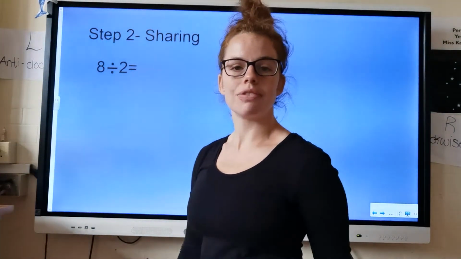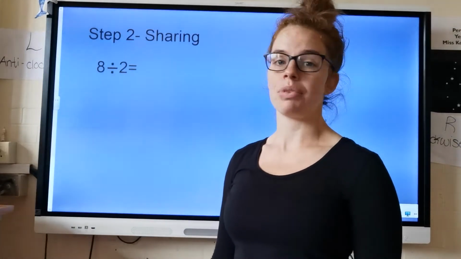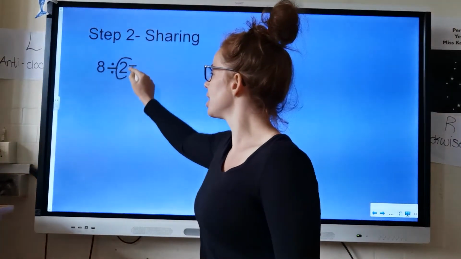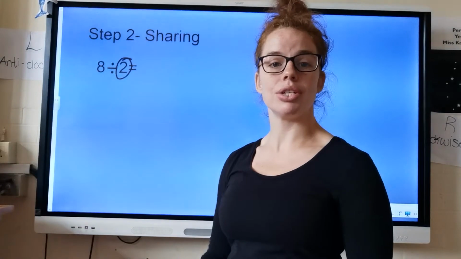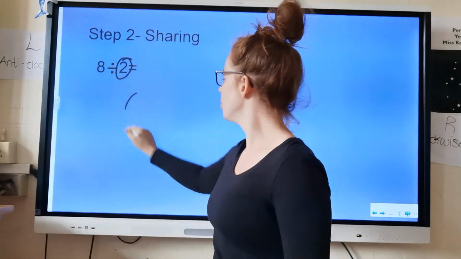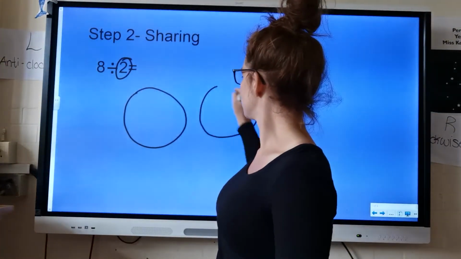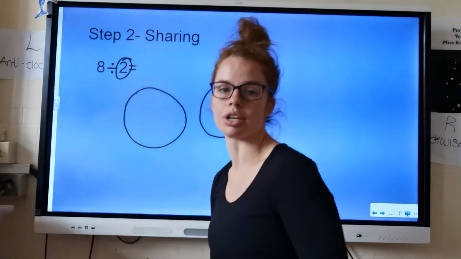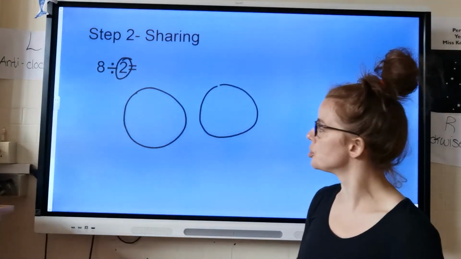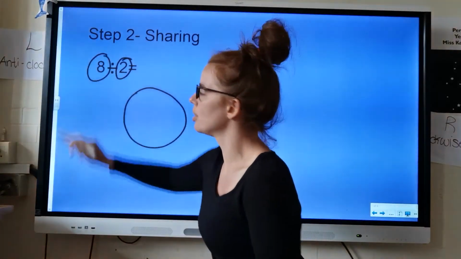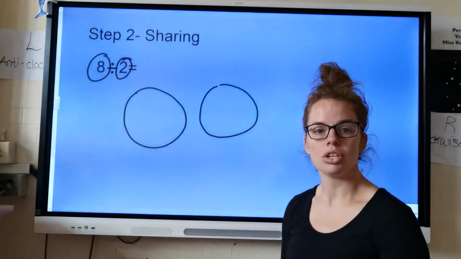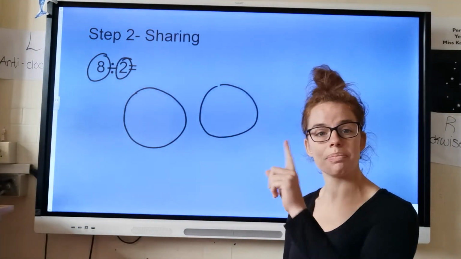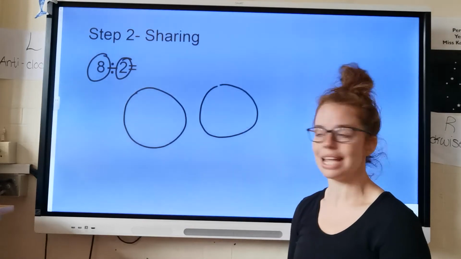The first thing you need to find is the smaller number. Here, our smaller number is 2, and you need to do that many circles. So 1, 2. We have our 2 circles. Now you're going to share the big number in between those circles. We're going to share 8, 1 per circle until we get to 8.